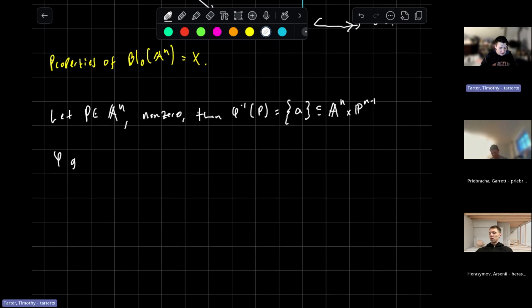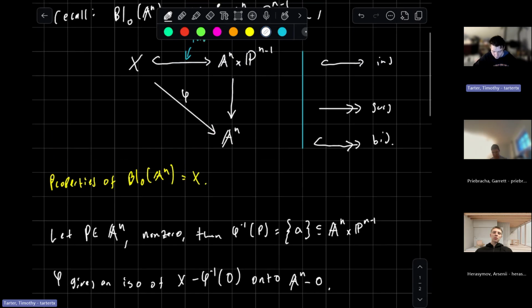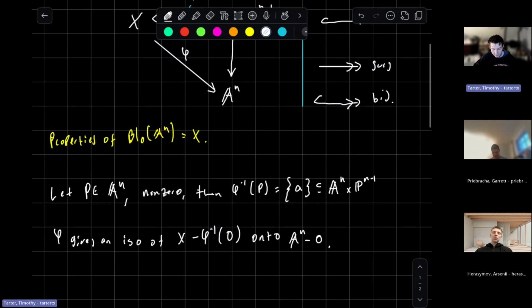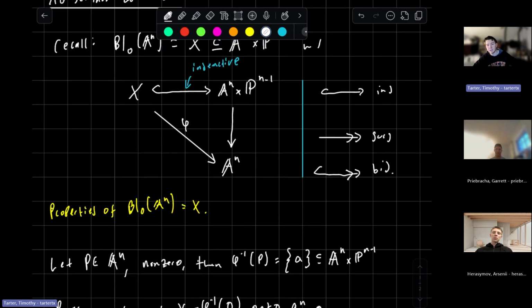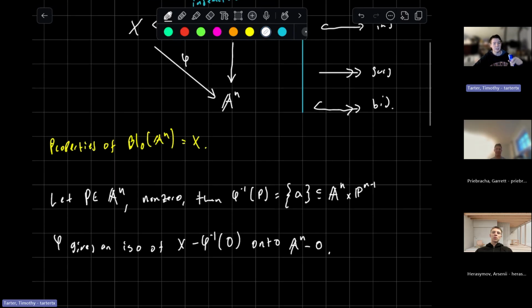And then phi also gives an isomorphism of x without the inverse of our blowup onto An minus 0. Basically, the point at which we blow things up becomes this tangent bundle of projective space. And so if we remove that point, then our spaces are equivalent.